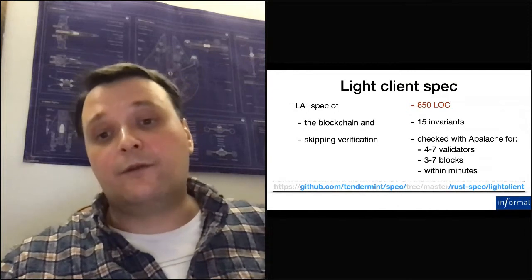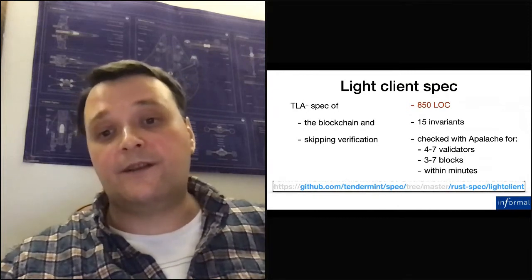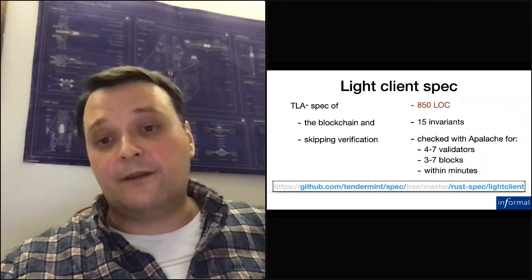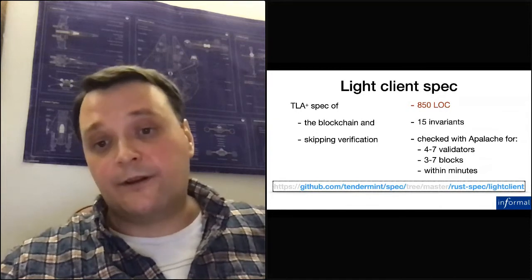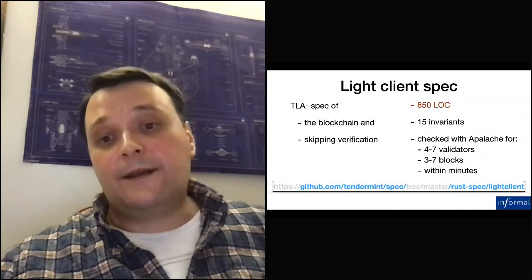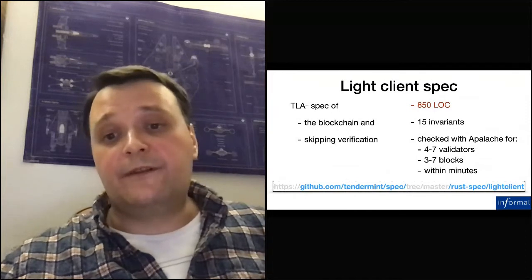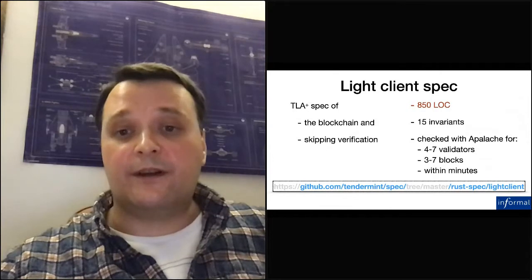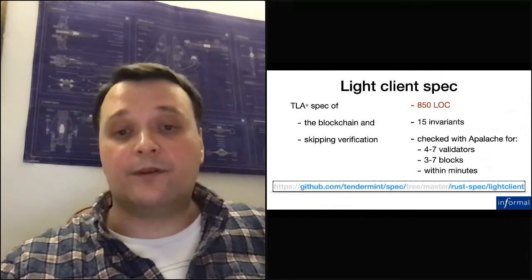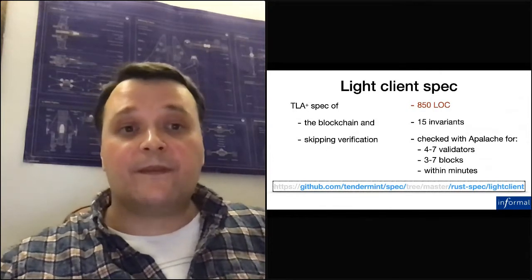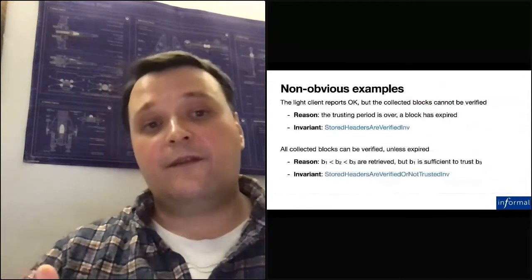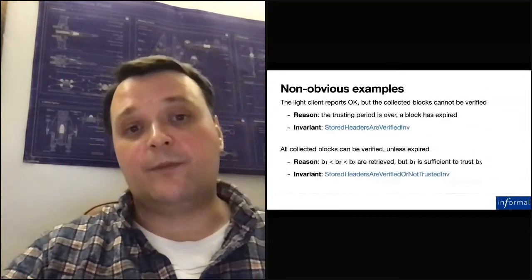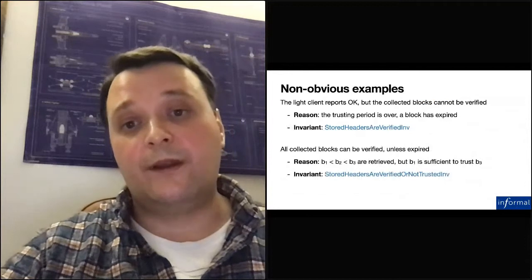Unfortunately, we cannot do it for 100 validators because there is a combinatorial explosion even in symbolic model checkers. But we see the mechanics of the executions, how things work, at least for reasonably small numbers. And we also found some non-obvious properties that do not hold true.